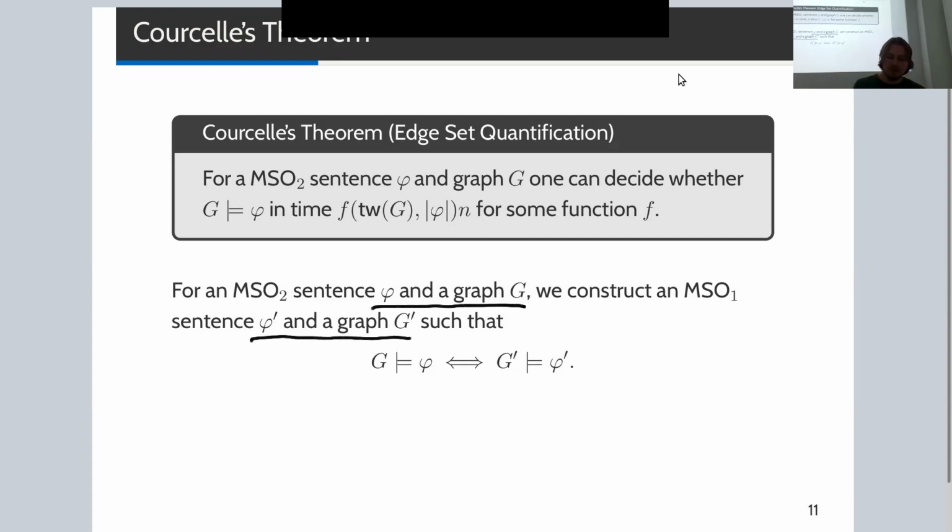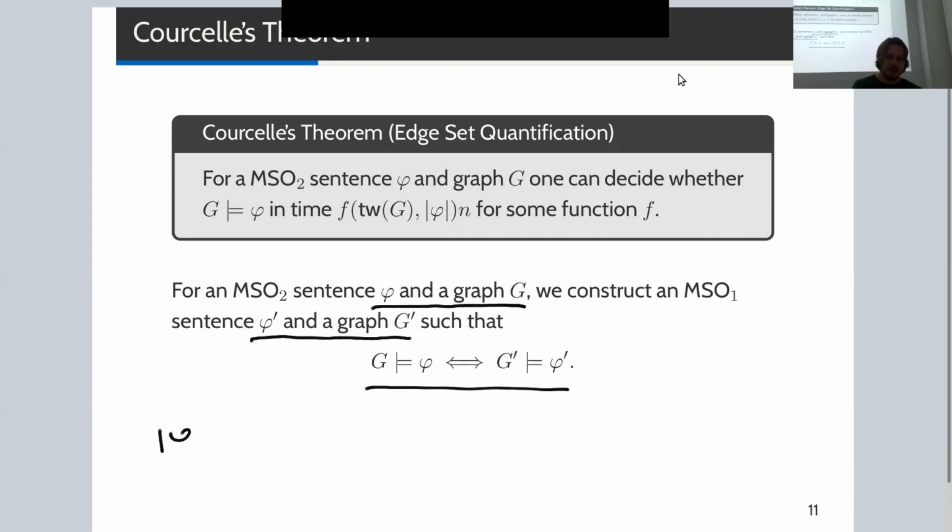And we want that the first pair, the first formula is satisfied on the first graph if and only if the new formula is satisfied on the new graph. And is this enough to get a reduction? Or do we need some additional properties maybe? Yeah. The length of the formula phi prime must be somewhat bound by the length of the formula phi.